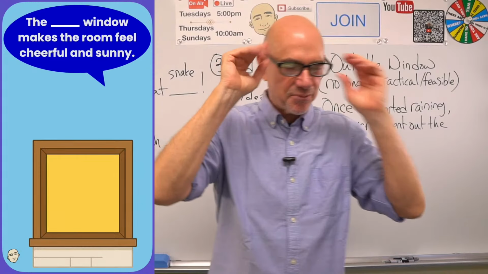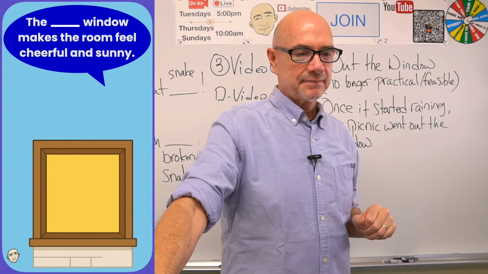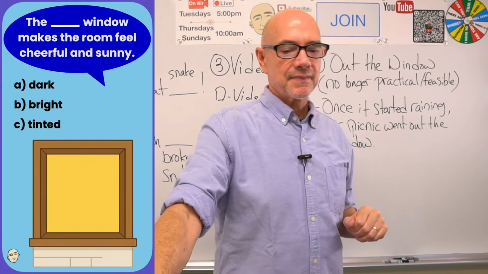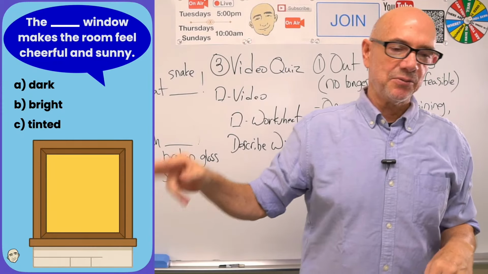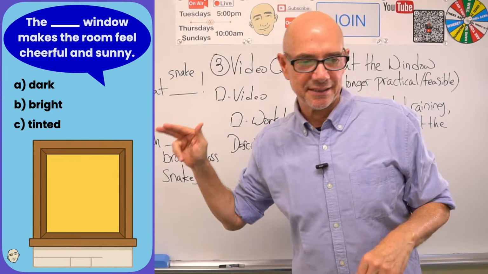Okay, let's look at the three choices we have. Dark, bright, tinted. Which one could it be?